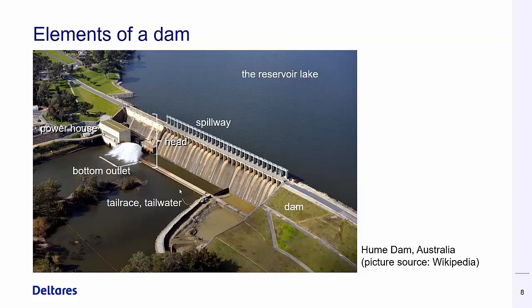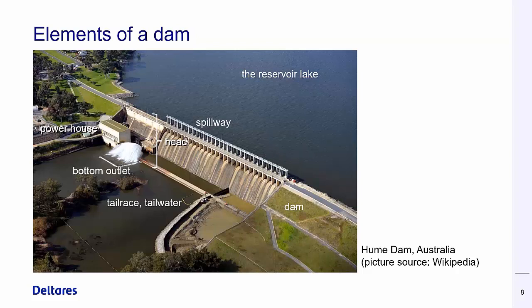On the other side, the downstream side, that's the tailrace or tailwater, and the dam has a spillway for flood situations. If much water comes, it must be able to pass water across the dam such that the dam does not fail or is damaged.